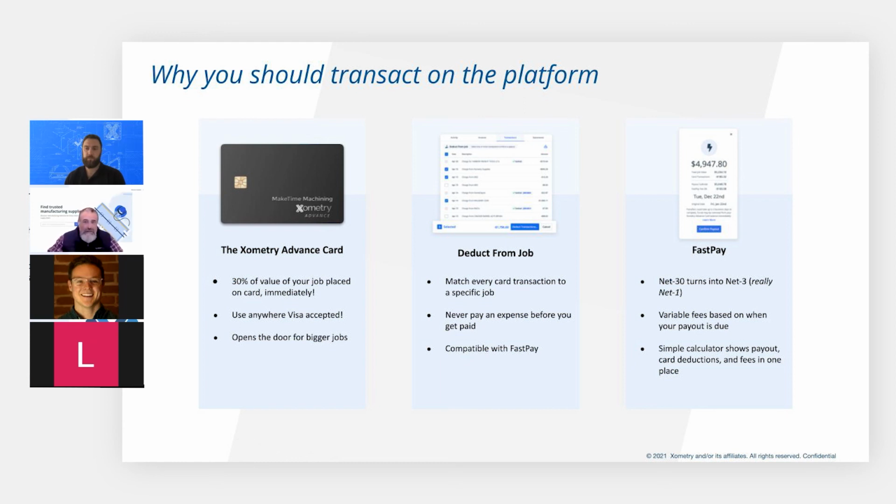Well, we solved that. Deduct from job. You can now choose what expense is associated with a particular job so that when that job gets paid out, it deducts it from that payout amount, not the advance that you just received for the next job you're taking. And then fast pay we talked about.